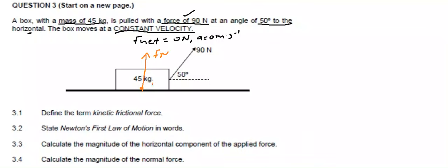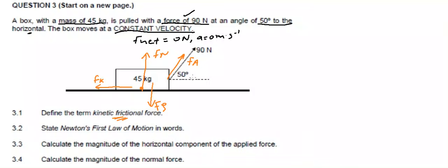Then we have the weight, that is Fg. Then we have the force applied, that is 90. Then we also have friction, that is Fk, because the statement mentions the frictional force, which means the surface there is rough.